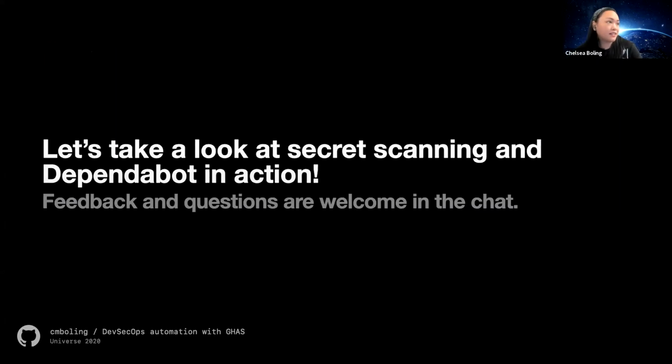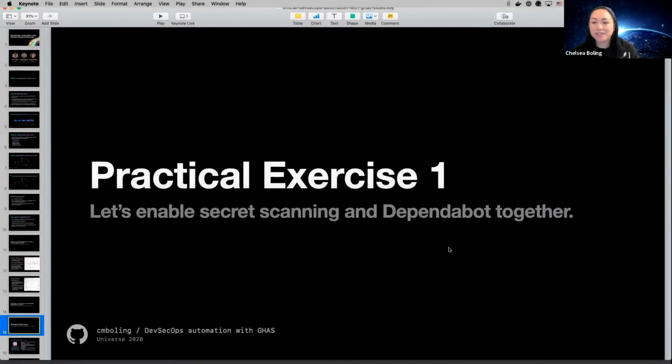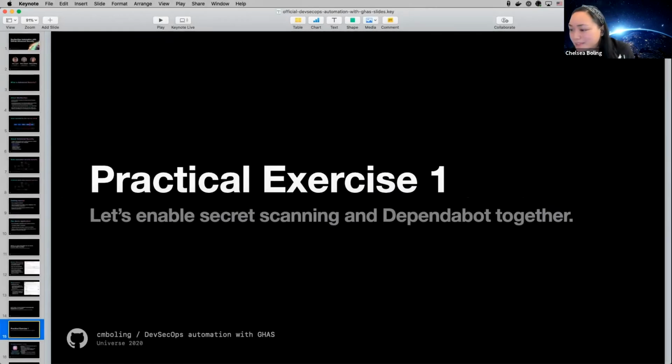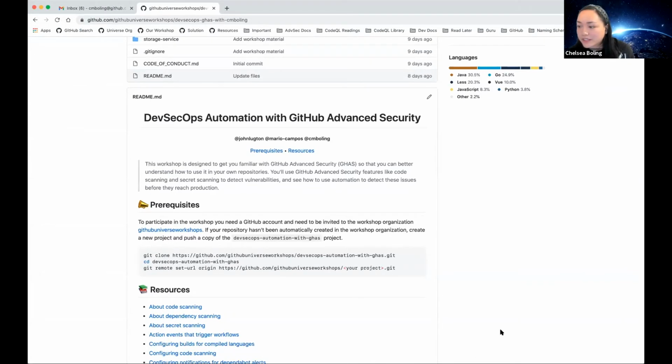So let's take a look at secret scanning and Dependabot in action. We're going to go through the practical exercise, starting with the very first one. Let me handle transferring the keynote to my browser. Let me do a new share of this. Can everyone see my screen?